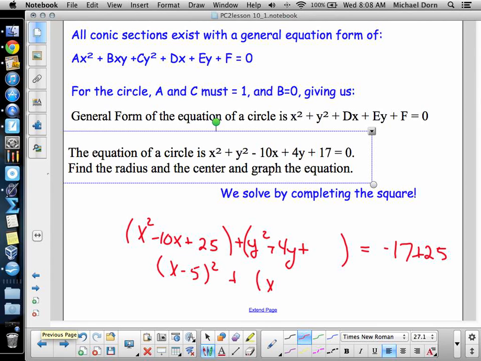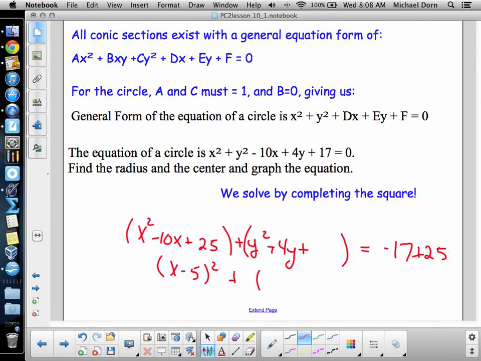So that's going to be x, or y, excuse me. Sorry, I already had the plus there. Getting ahead of myself. y plus 2 squared. 2 squared is 4. So I'm going to add 4 to both sides. And negative 17 plus 25 is 8, plus 4 is 12.